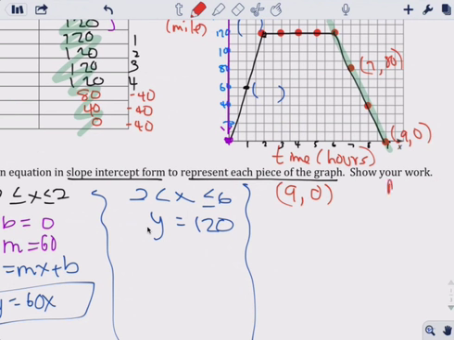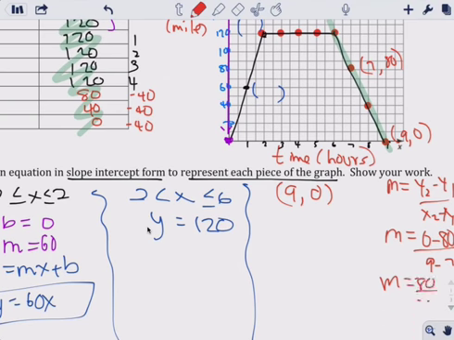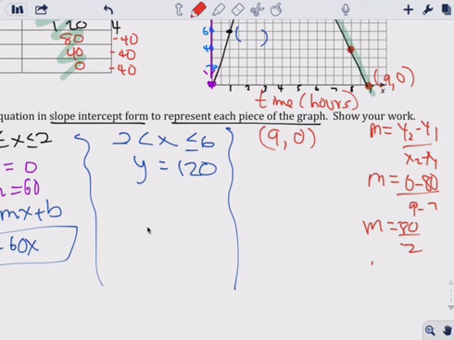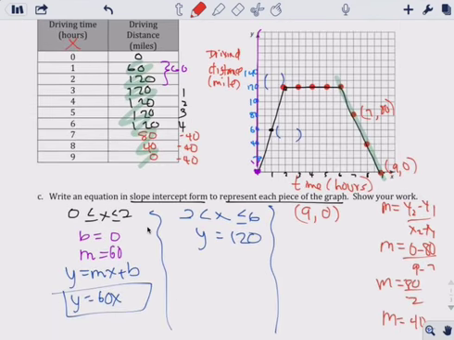Now m equals y2 minus y1 over x2 minus x1. So m equals 0 minus 80 over 9 minus 7. So my slope is negative 80 over 2. My slope is negative 40. Notice it's the exact same thing as right here, minus 40.